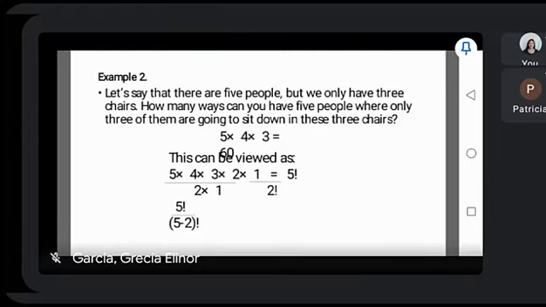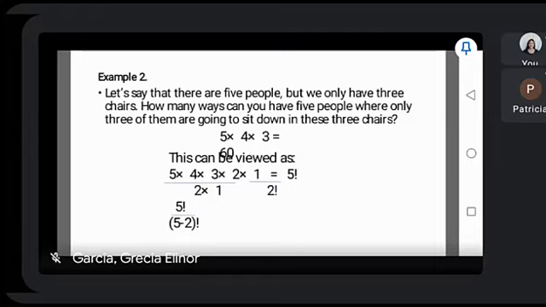Example number 2. Let's say that there are 5 people but we only have 3 chairs. How many ways can you have 5 people where only 3 of them are going to sit down in these 3 chairs? We have 5 times 4 times 3, meaning 5 different people could sit in seat 1.